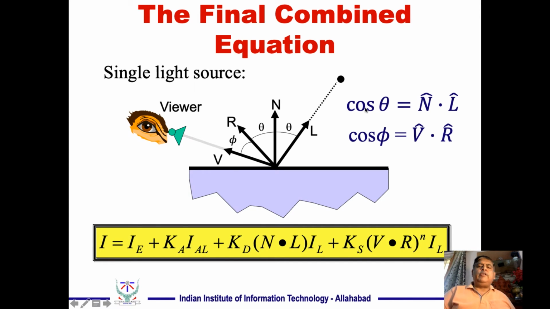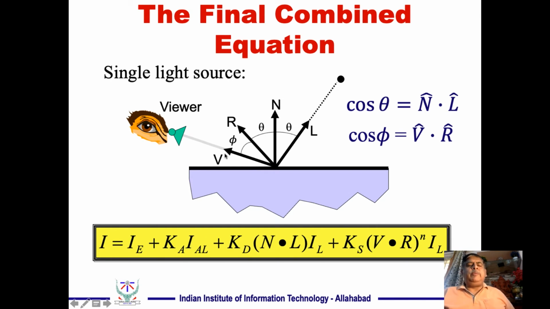So here cos theta is equal to n cap dot L cap, and cos phi is equal to V cap dot R cap. Of course, when I represent it in the equation below, the caps are understood.